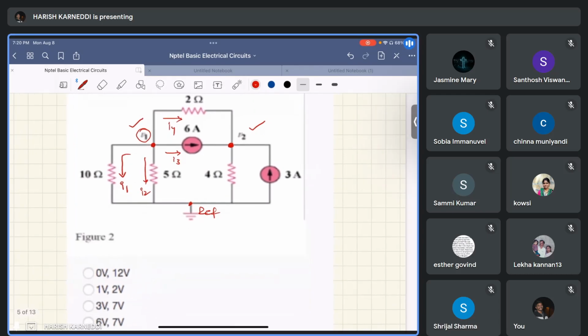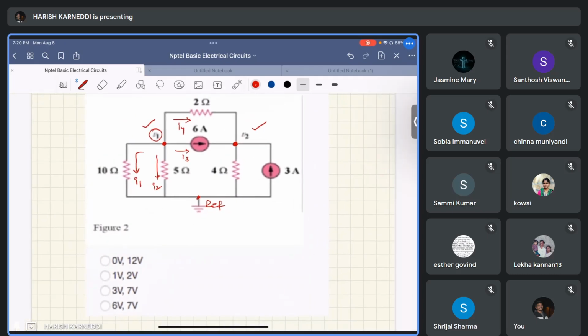So KCL at node V1: I1 plus I2 plus I3 plus I4 equal to 0.